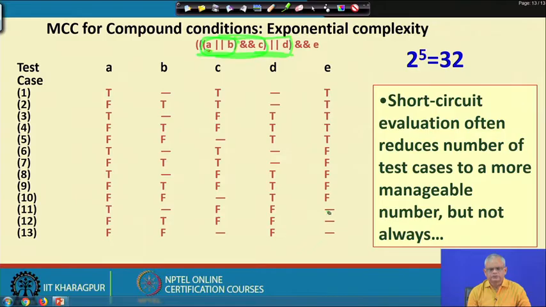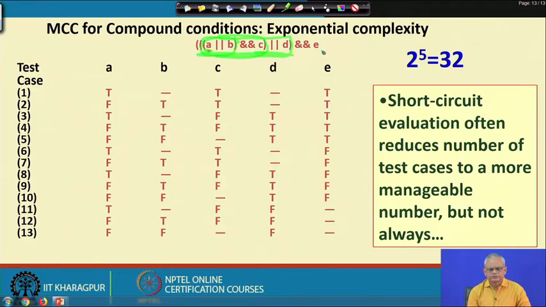So, we can just consider one of the 2 possible test cases, and therefore the number of test cases may not be 32 due to the short circuit evaluation technique used by the compilers, because they want to execute fast, and they see that if the truth value can be inferred as they evaluate, then they do not evaluate the other ones.